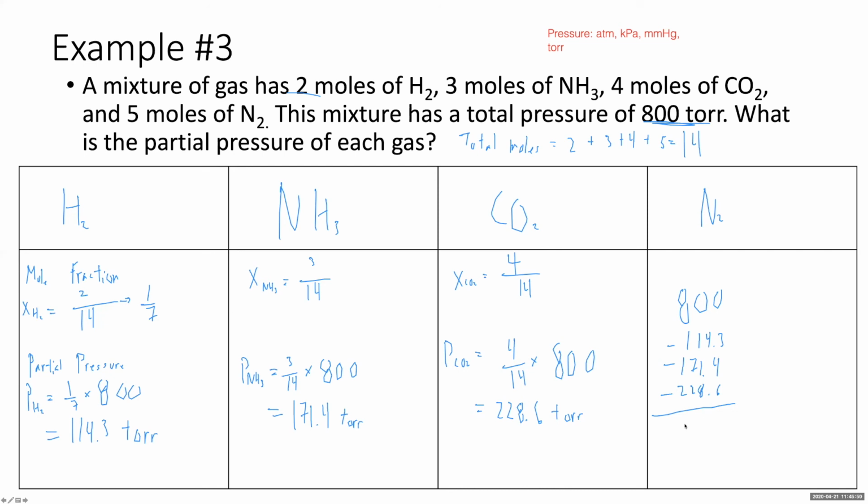The partial pressure of nitrogen gas is going to be 285.7 torr. That's all it is, guys. When you get to your last gas, you don't have to do the steps. You simply subtract all of the other parts so you find your last piece.